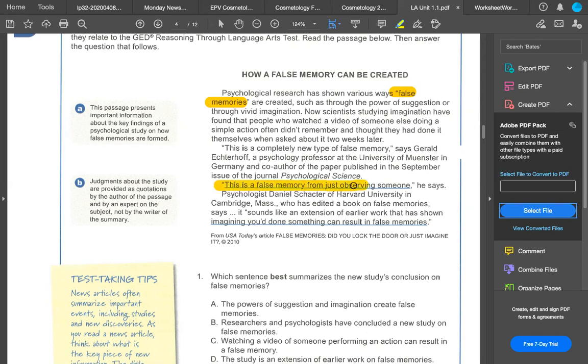This is a false memory from just observing someone, says psychologist Daniel Schacter of Harvard University in Cambridge, Mass, who has edited a book on false memories. He says it sounds like an extension of early work that has shown imagining you've done something can result in false memories.